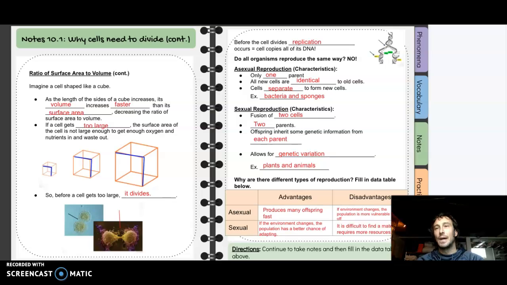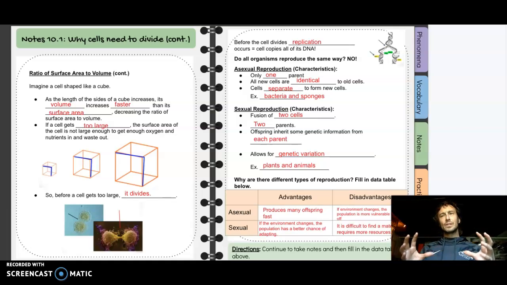And it can't divide unless it first doubles its genetic material, because every cell in our body has that full complement of genetic material, our whole genome in it. Other than our red blood cells. Our red blood cells don't have nuclei in them, but every other cell has a full complement of genetic material.